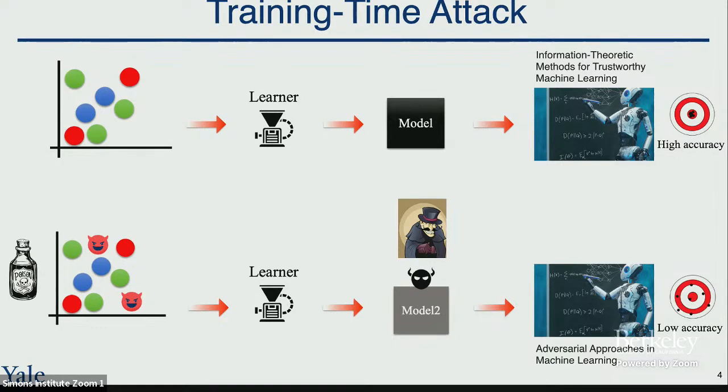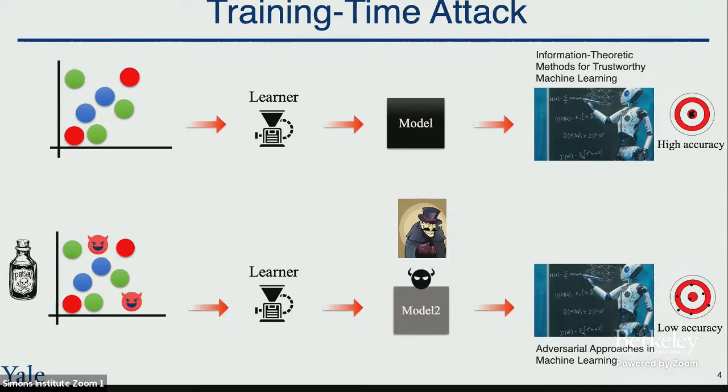It changes a few points from the training data. Then the learner gets those poisoned data points, and the model is going to change a little bit. And the goal is that this model on this data is going to predict something that is not correct. That's the goal of the training time attack.